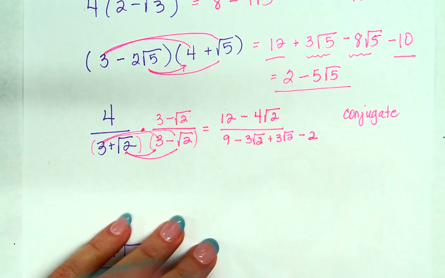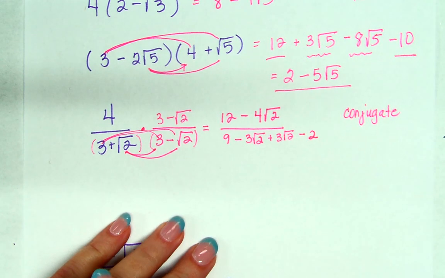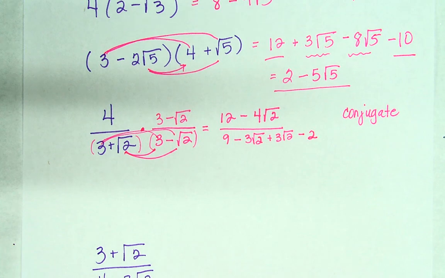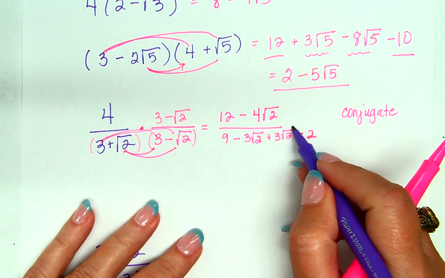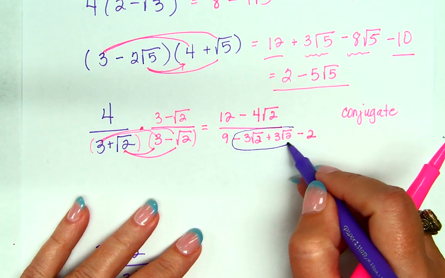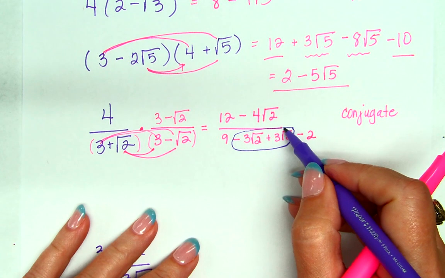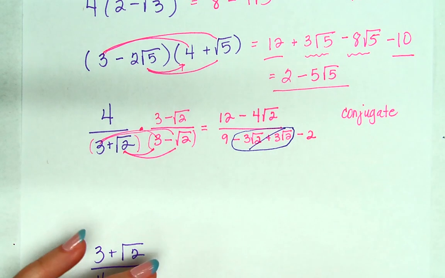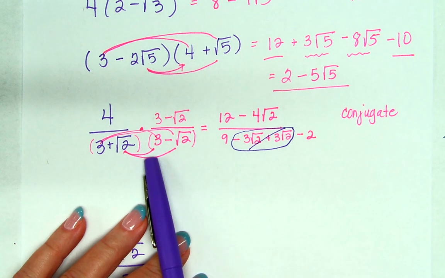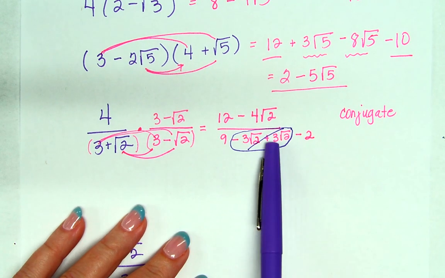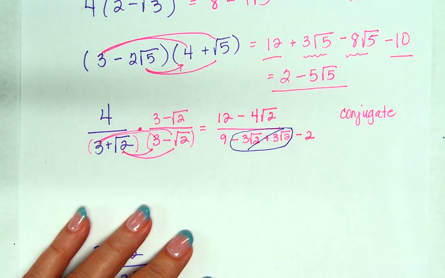So minus 2. What happens right there? Because it equals what? 0. Do you see why we chose the conjugate then? Because that gets rid of the radicals in the denominator.